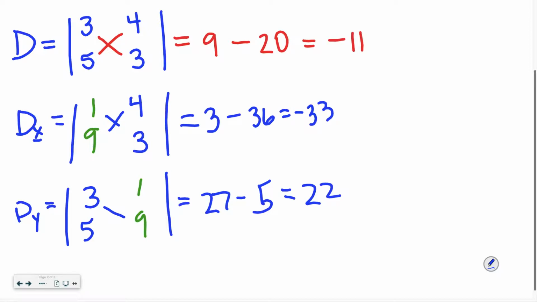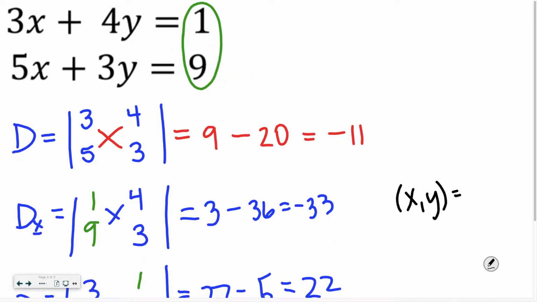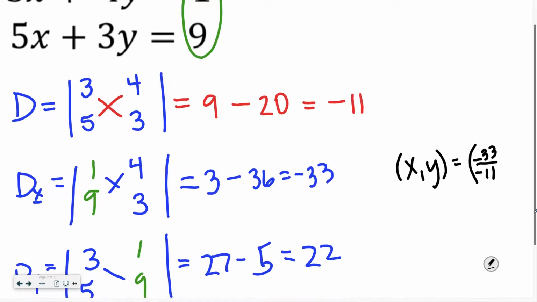All right. So now that we have these three numbers, our xy coordinate, remember we need to take, for x, d sub x over d. So if we do that here, we would need to take negative 33 divided by negative 11.